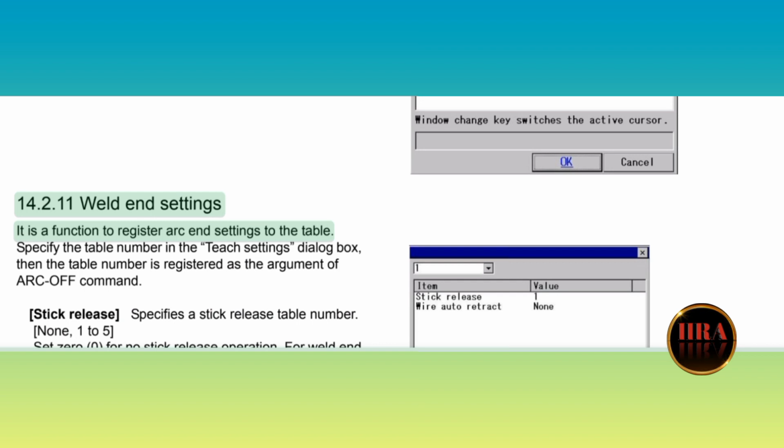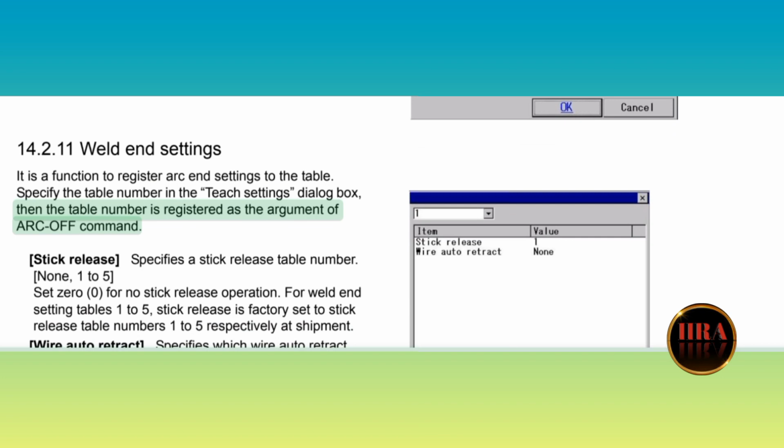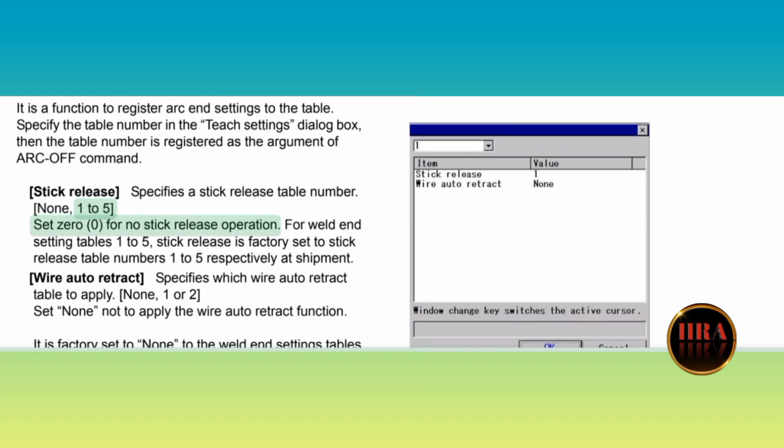14.2.11 Weld end settings. It is a function to register arc end settings to the table. Specify the table number in the Teach Settings dialog box, then the table number is registered as the argument of the arc off command. Stick release specifies a stick release table number. None, 1 to 5. Set 0 for no stick release operation.